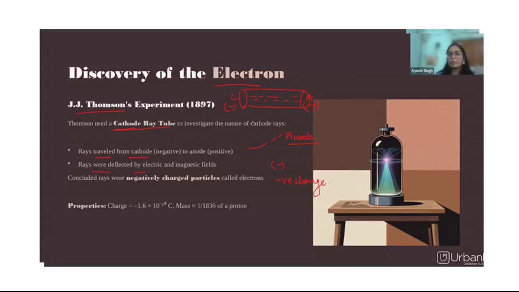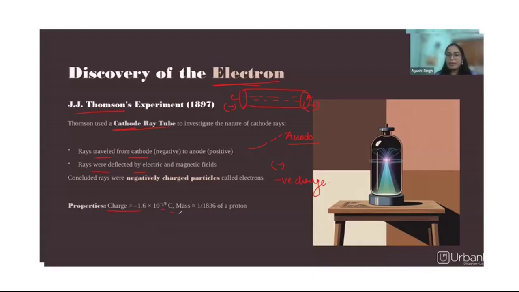That's why they are moving towards the positive side. And hence he concluded that there is something known as electron. And electron has negative charge. To be precise, the charge is around minus 1.6 into 10 to the power minus 19.